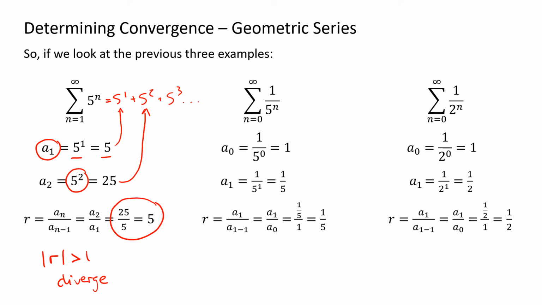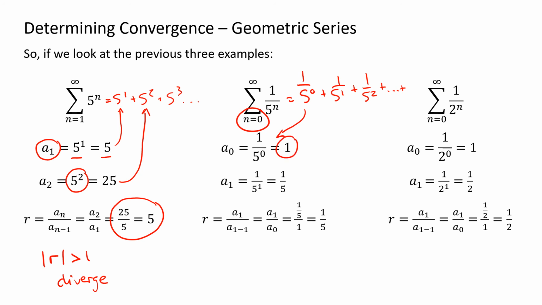Looking at our next example, we had 1 divided by 5 to the exponent n. Again, in this case, it was starting at n equals 0. So what we had here was 1 divided by 5 to the exponent 0 plus 1 divided by 5 to the exponent 1, 1 divided by 5 to the exponent 2, and it kept going. So our first term, okay, is 1 divided by 5 to the exponent 0, which is 1.